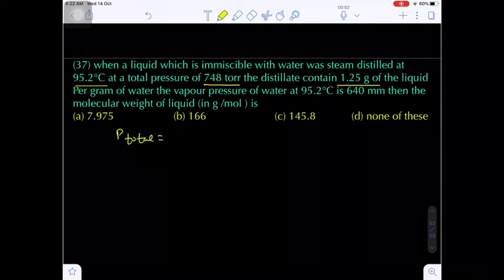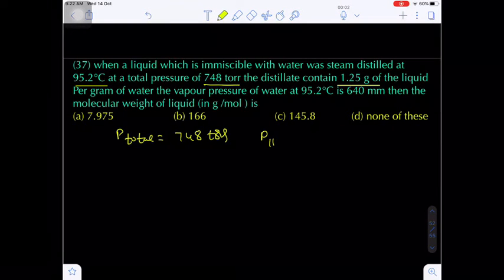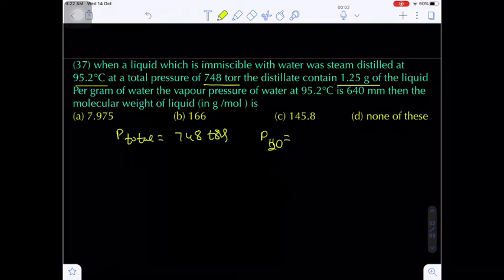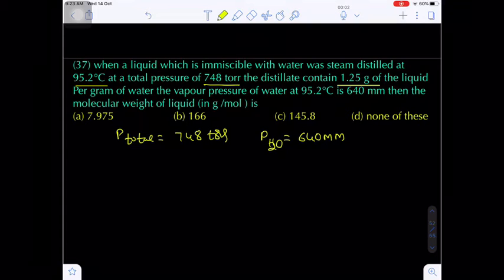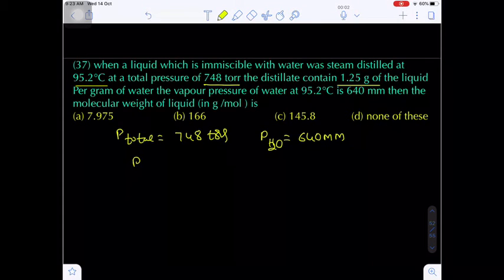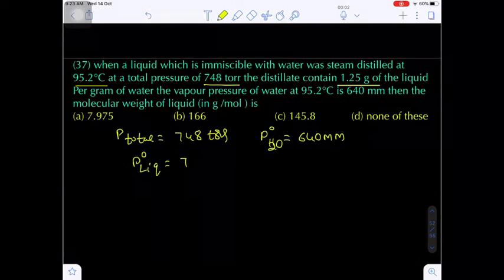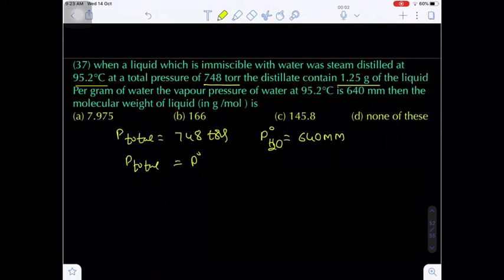First of all, the total pressure at 95.2 degrees Celsius is 748 torr, out of which the vapor pressure of water is given as 640 mm. That means the remaining pressure will be the vapor pressure of the pure liquid. So the P total will be equal to P naught water plus P naught liquid.